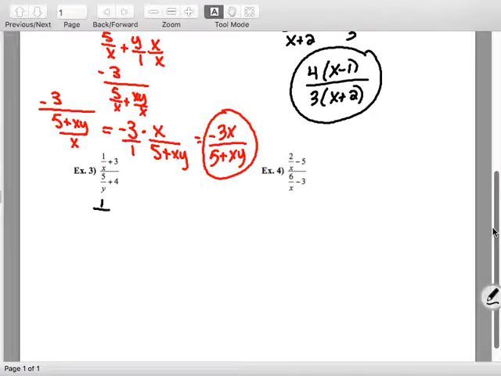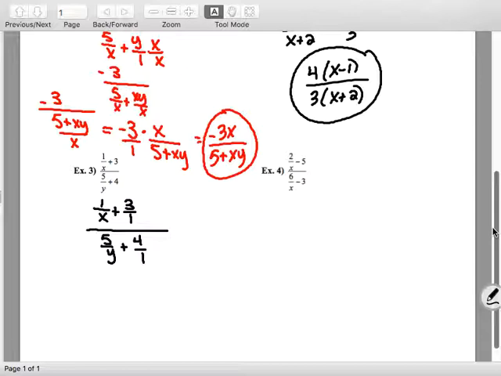We're going to make this 1 over x plus 3 over 1, 5 over y plus 4 over 1. The common denominator doesn't have to be common to all denominators. I just have to get a common denominator up in the top. Then I get a separate common denominator down in the bottom.